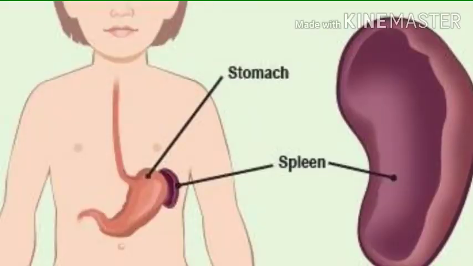It is the spleen. It is located above the abdomen on the left side of the stomach and it is purple in color. The main function of the spleen is providing immunity. The spleen consists of two types of tissues, red pulp tissues and white pulp cells.